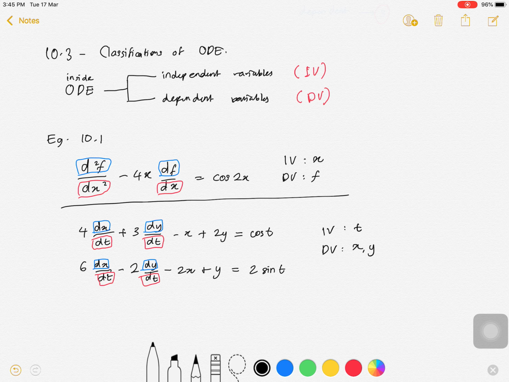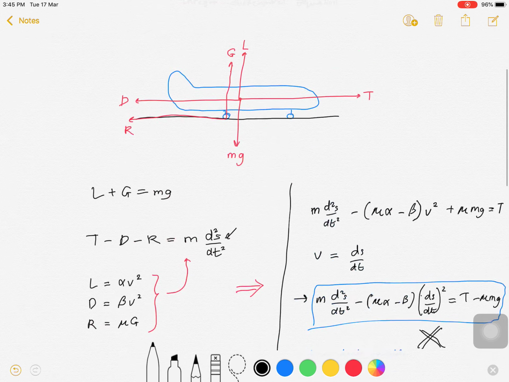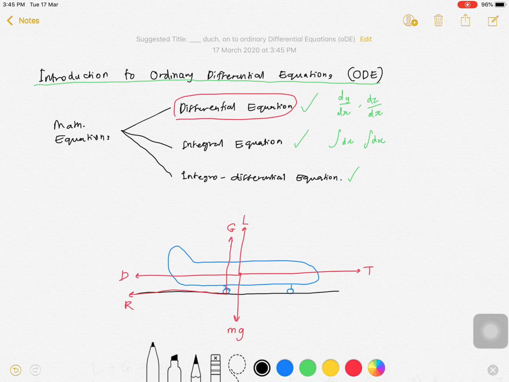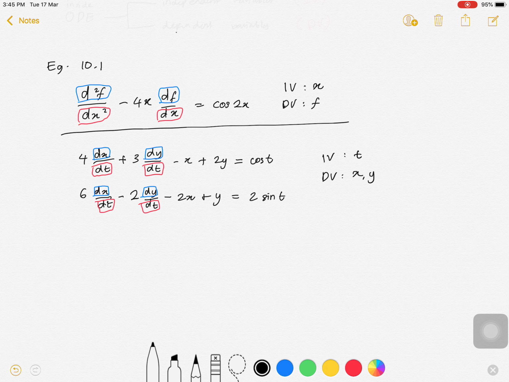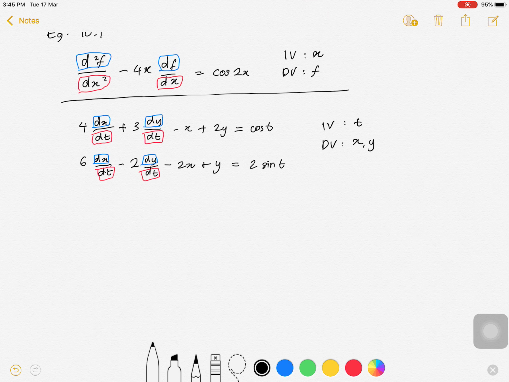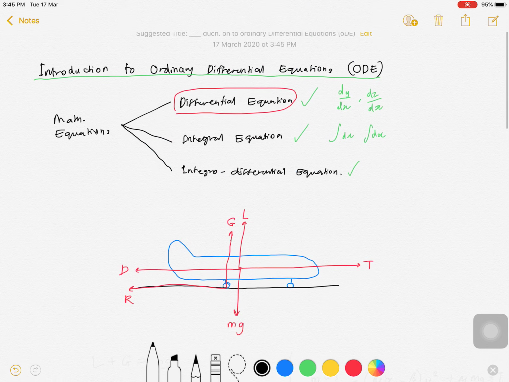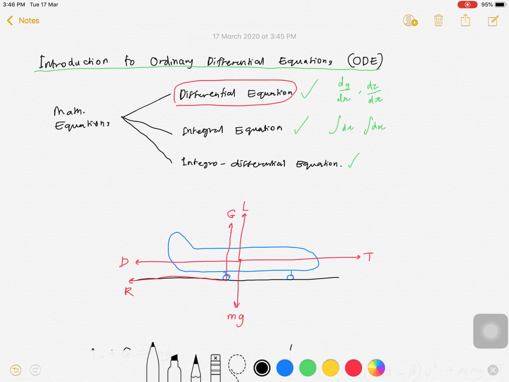Is this a partial derivative or an ordinary derivative? Oh, I forgot to mention. Before that, because I missed that part, I explain right now.